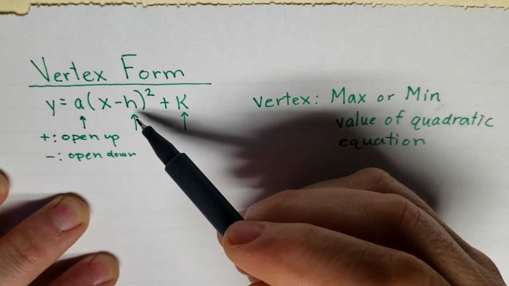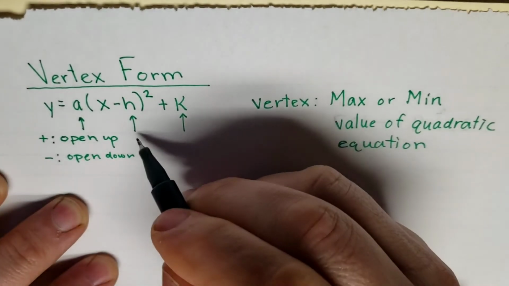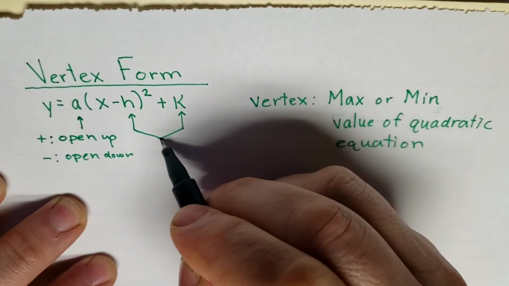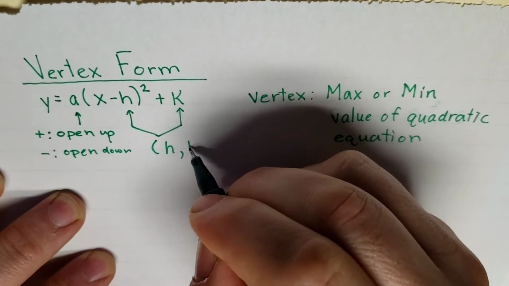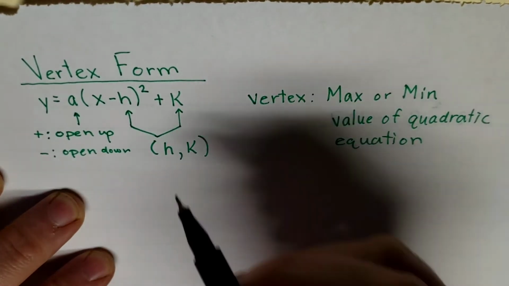Okay. The H value and the K value, they work together to make your vertex.